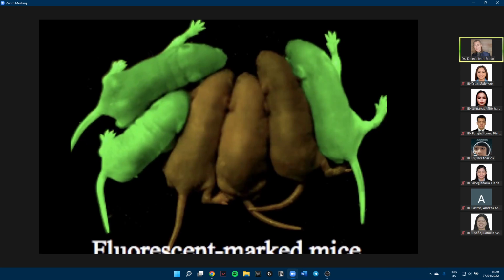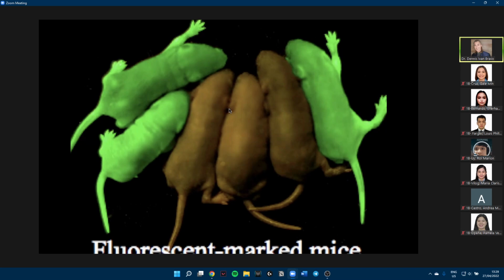Then that green fluorescent protein gene was transferred into the genome of the mice during its embryonic stage. Therefore, when it developed into a full-grown organism, each and every cell of its body contains that gene which is expressed into a protein, which of course fluoresces with exposure to UV light.